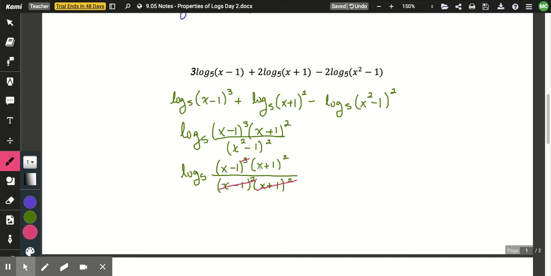So those are going to cancel out completely. When you divide those, they make a 1. So all that's left then is just log base 5 of x minus 1. That's now condensed into a single logarithmic expression, and the argument of the logarithm cannot be simplified any further, so that's as far as it goes.